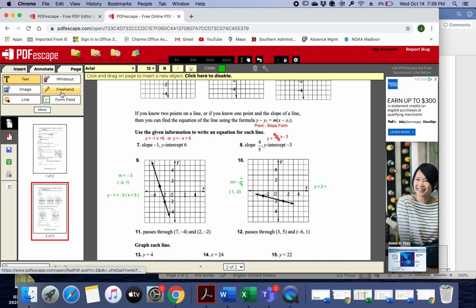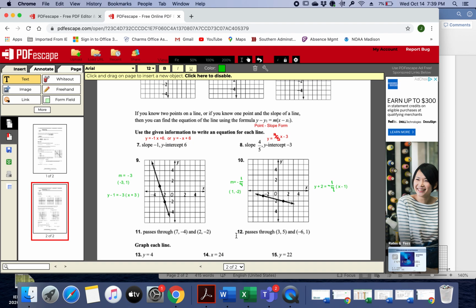We can't have that. So our slope here is negative 1/4, with a teeny tiny 1. Let's make that a little bit longer. Okay, that's a little better. So our y value is negative 2, our slope was negative 1/4, and now we have x minus our x value, and our x value is 1. So there is our point-slope form for number 10.